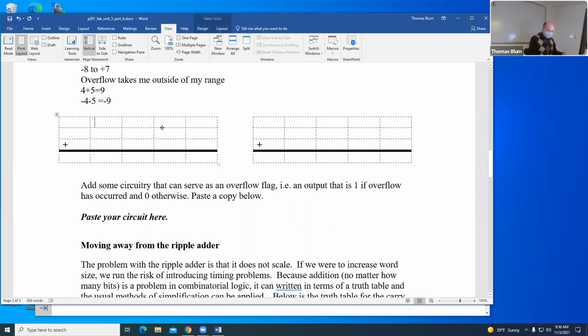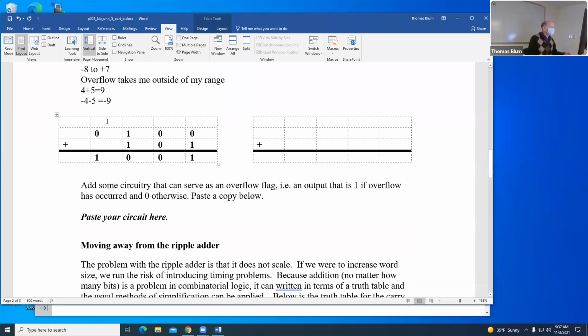So let's write them down. So 0, 1, 0, 0, that's +4. And 1, 0, 1, that's 5. And if I add them, I get 1, 0, 0, 1.